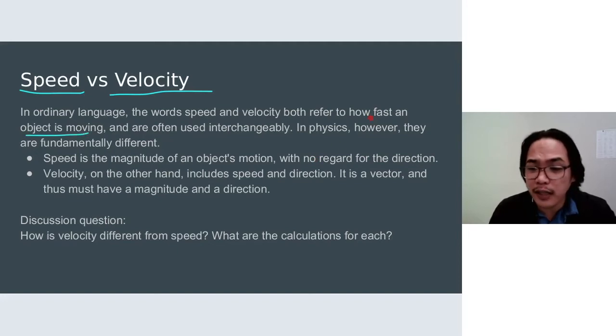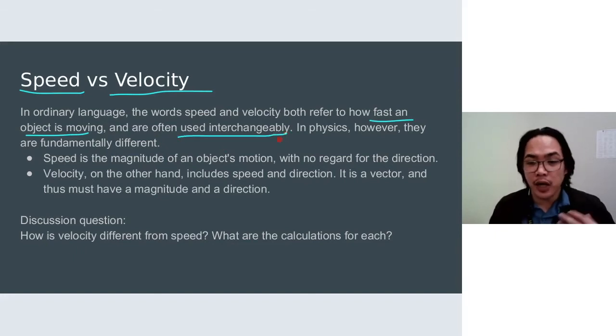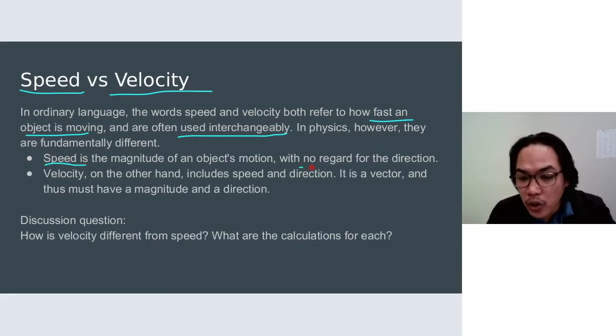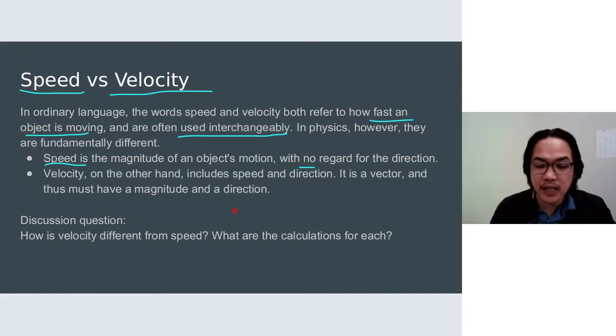moving. Most of the time, we use these words interchangeably because we think that velocity and speed are the same. In physics, however, they are fundamentally different. Why? The reason is that speed is the magnitude of an object's motion with no regard for direction, meaning speed is quite similar to distance.